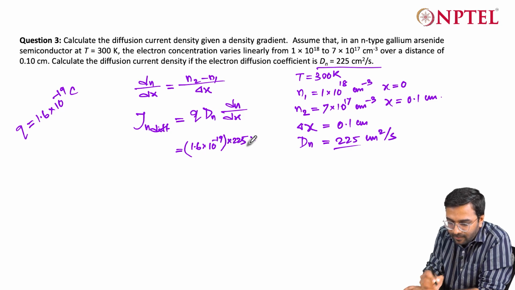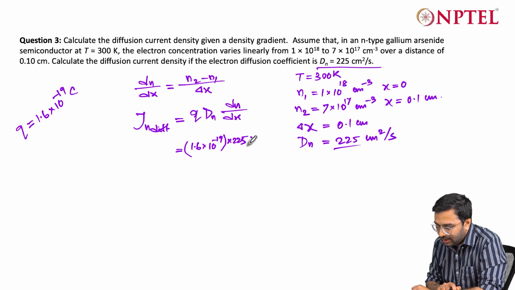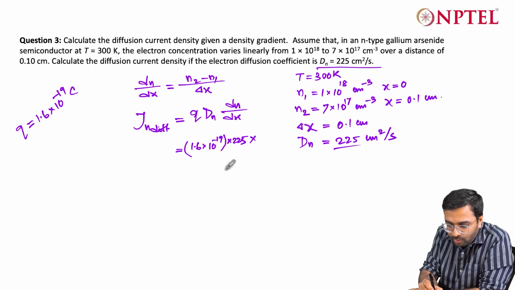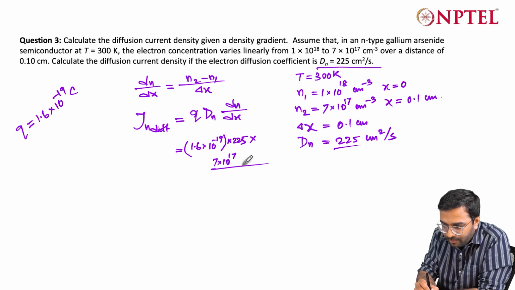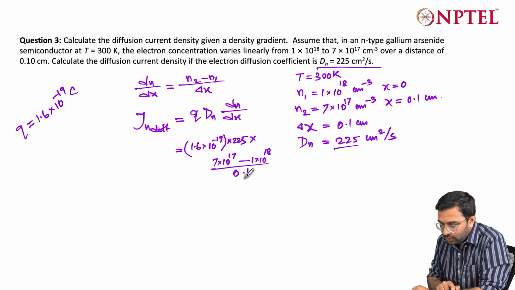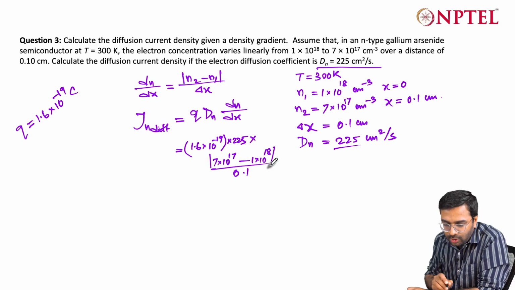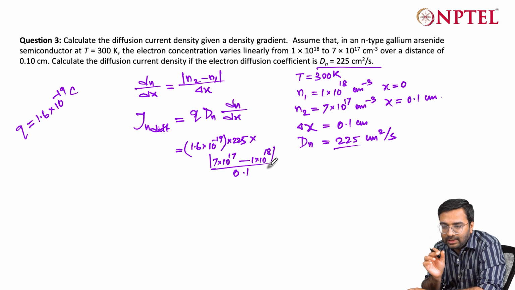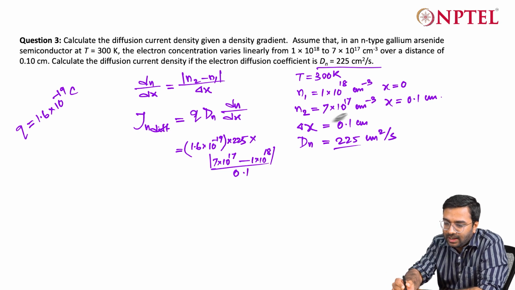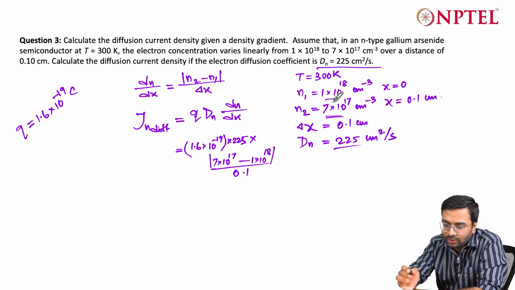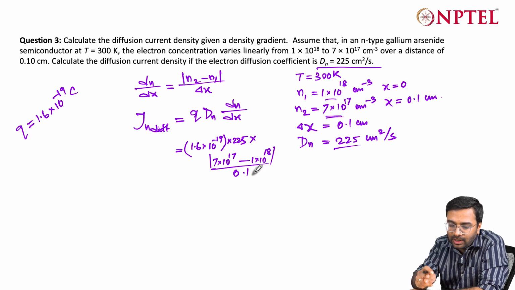So, it is 1.6 into 10 to the power minus 19, Dn is given here, 225. Now, dn/dx is n2 minus n1, that is 7 into 10 to the power 17 minus 1 into 10 to the power 18, divided by 0.1. In this case, it has to be the mod value, because we are looking at the change in concentration, and n2 is smaller than n1.